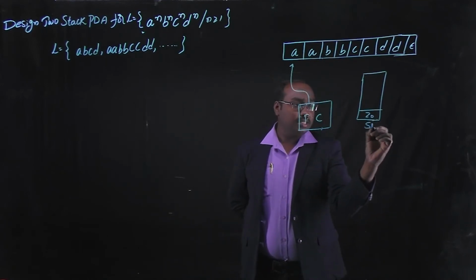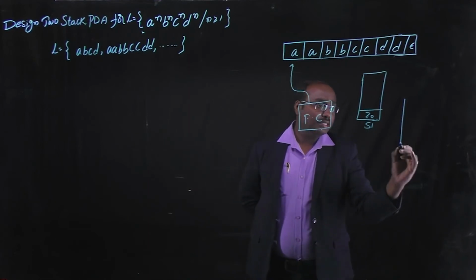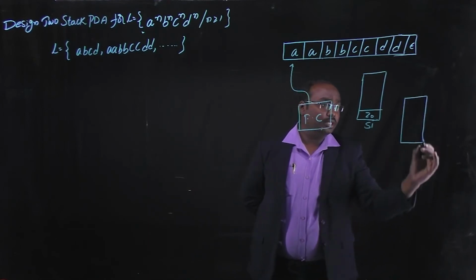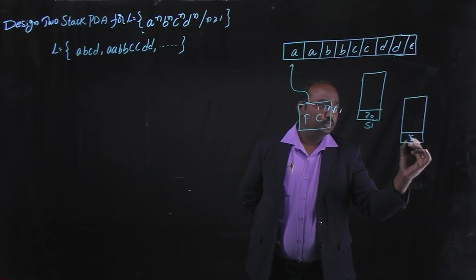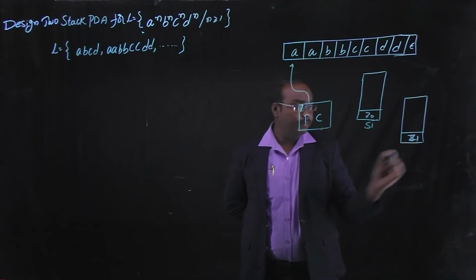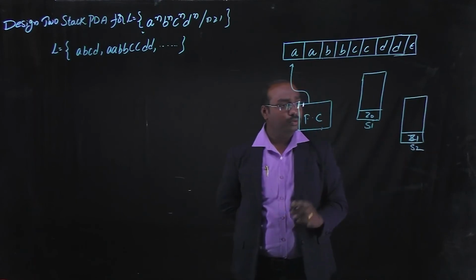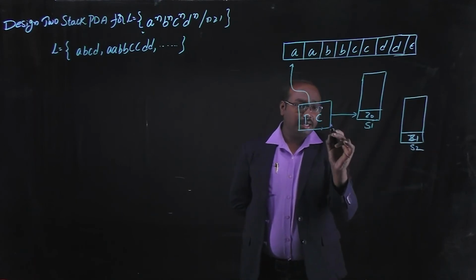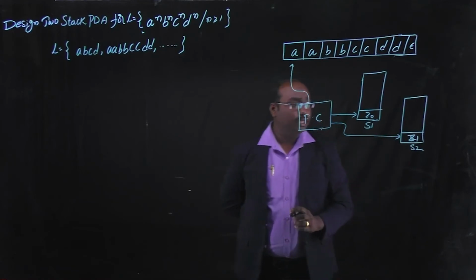This is stack 1, and the other, stack 2, has top symbol Z1. This is stack 2. This is the reading head and the stack 2 reading head.